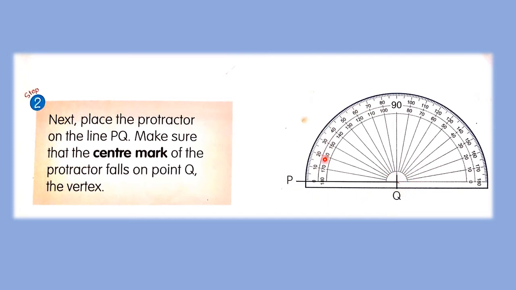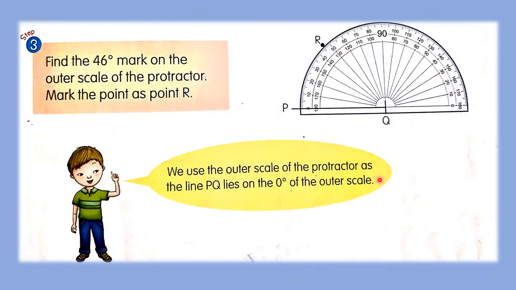Now, before drawing that one, as I told you, first we drew that PQ line, then we have to take the protractor and keep it this way. And the center mark should be on the Q vertex, right? Then I'm going to draw 46 degrees, right?